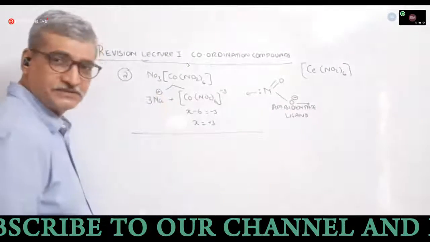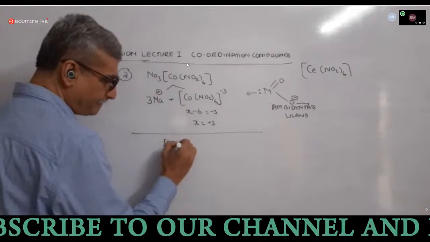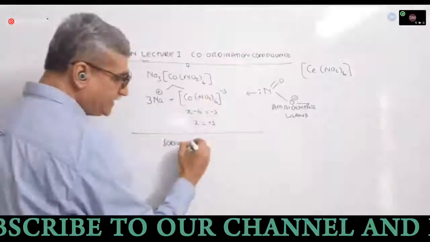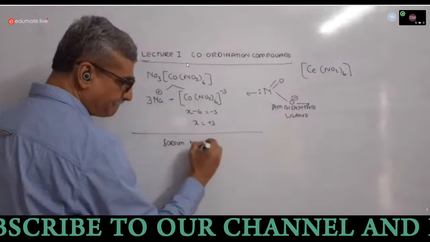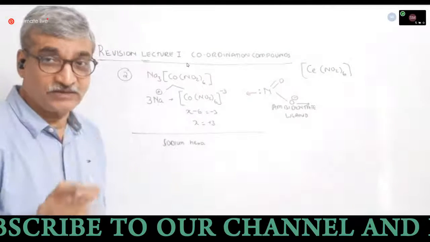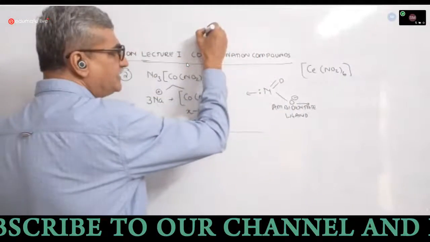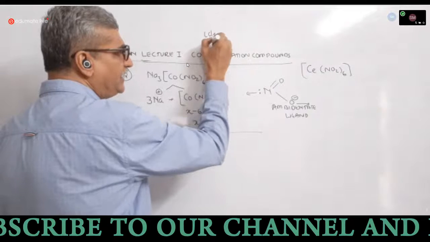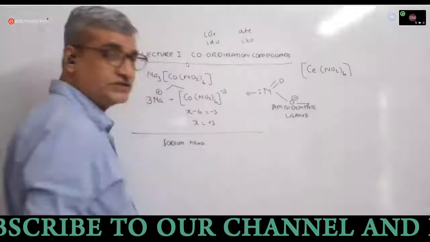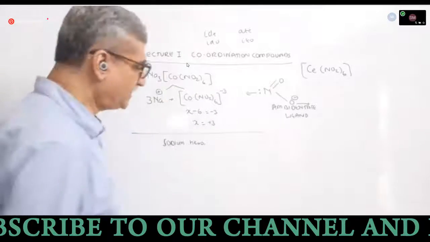First, write down the name of the cation, that is sodium. Then we have one space left, it is hexa. Now NO2 minus is nitrite, that is ambidentate. How will you write it? When the ending is ATE, I taught you IDE becomes IDO, and ATE becomes ITO. So nitrate will become nitrito.